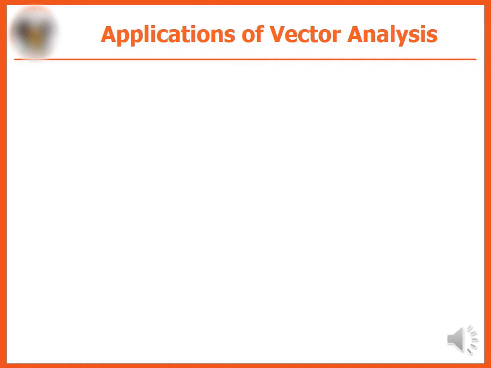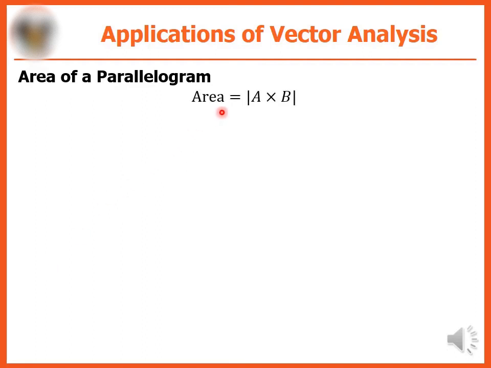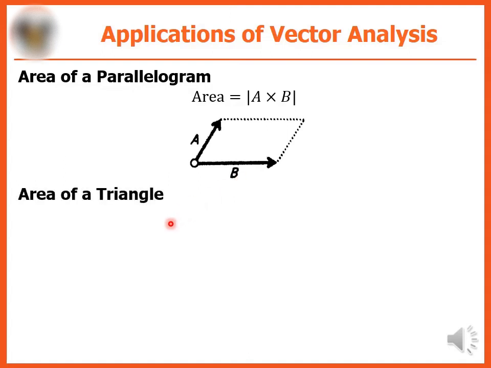Another application of vector analysis is in solving for the area of a parallelogram. The area of a parallelogram is equal to the magnitude of the cross product of A and B. So this is your parallelogram, you have vectors A and B. And then we also use vector analysis in solving for the area of a triangle.